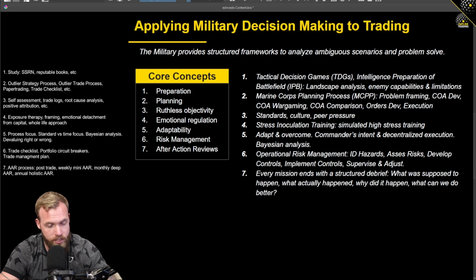And then every single year, I have a holistic AAR that literally takes me almost 2 weeks, where I go through everything I did. But this process of conducting an AAR in a structured way leads to finding things that you can employ smarter going forward. This is exactly how you apply military strategies and decision-making to trading options.